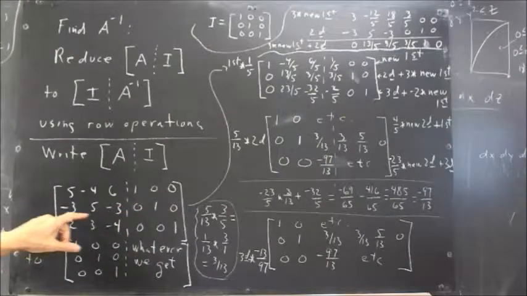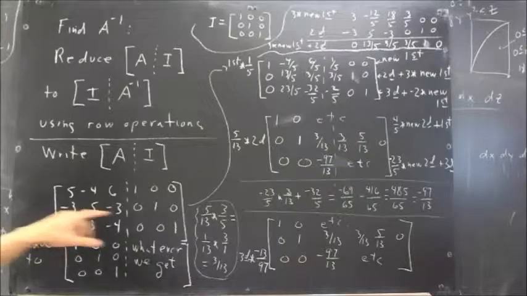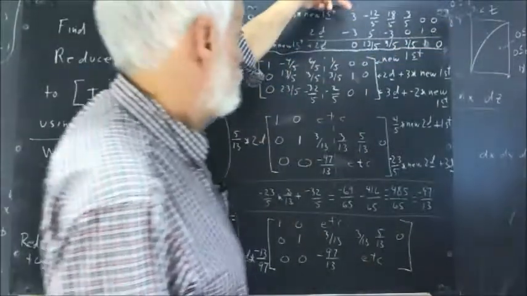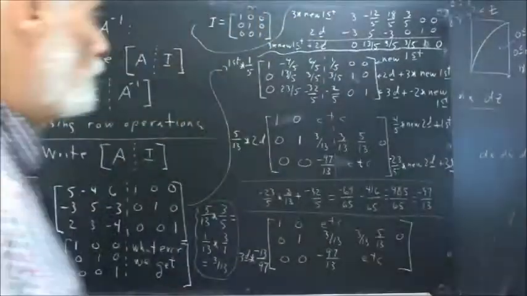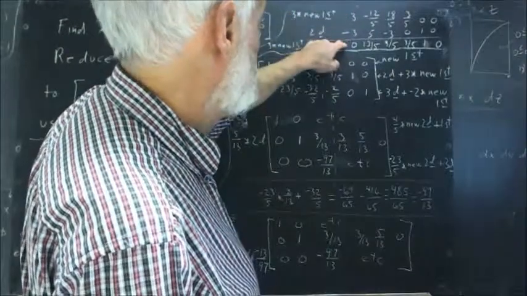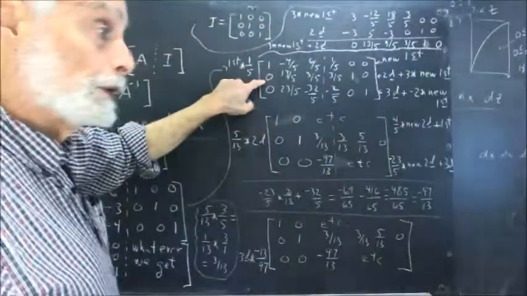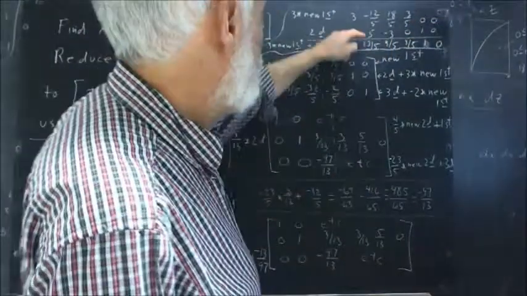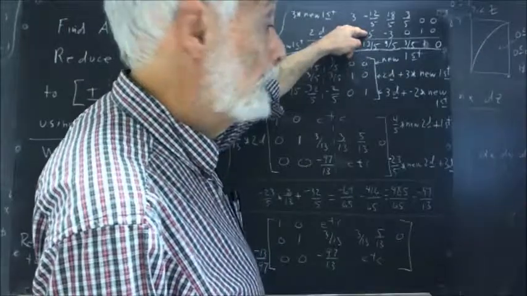And we're going to add that. So we just copy the second row down, right there it is, and we add it to the 3 times the new first row. As advertised, 3 and negative 3 gives us 0, so we're going to get our 0 here. And then everything else just has to add as it does. 5 is 25 fifths.